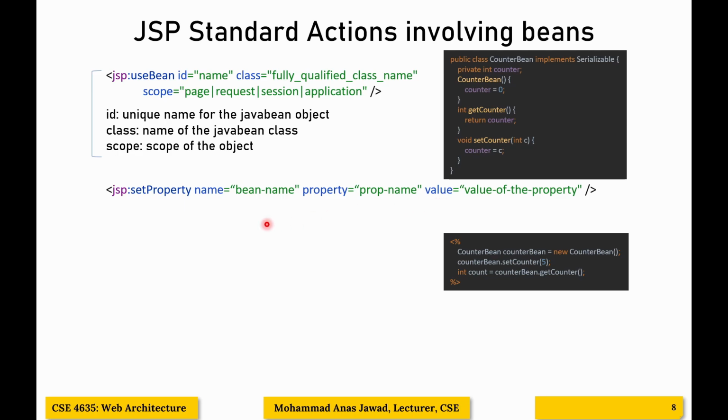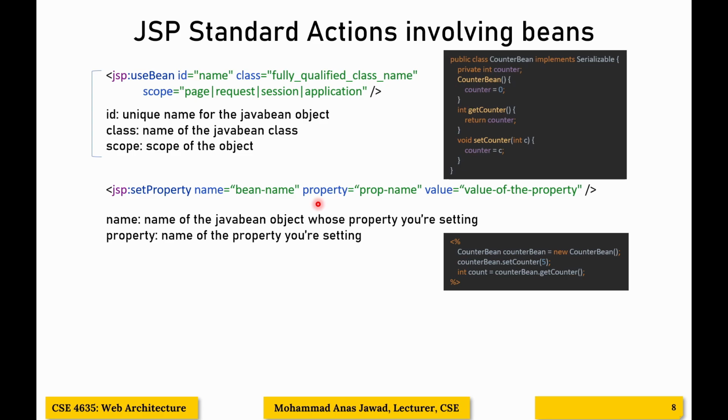So let's see what these attributes do. The name attribute refers to the JavaBean object whose property we are trying to set. If we are working with the CounterBean object that we had created here, then we would have written CounterBean. Next, the property attribute defines the name of the property whose value we are trying to set.